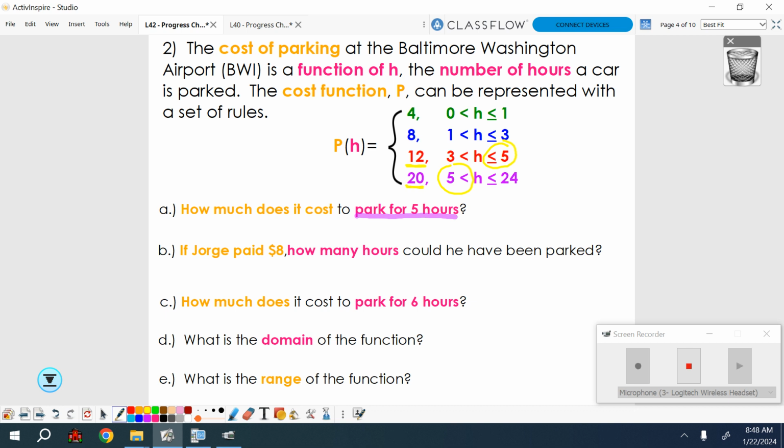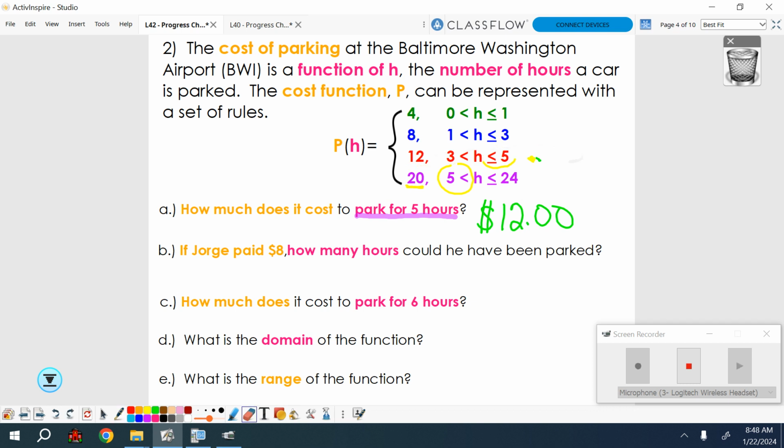It's only one of these two amounts. So remember, this one here with the equal to sign means it includes 5 hours. So in order to park for 5 hours, that's going to be this one right here. It's going to cost us $12 to park for 5 hours.